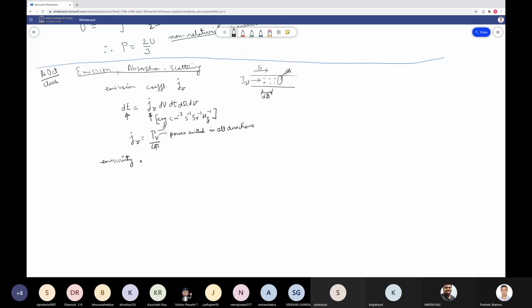So we can also define emissivity, which is energy emitted per frequency per time per unit mass. So all you do is epsilon nu. This is emissivity. This is equal to J nu divided by rho. J nu is per unit volume, and rho, the matter density, is mass per unit volume.